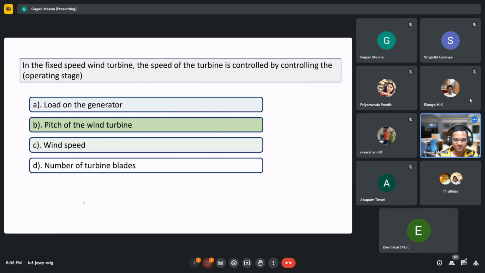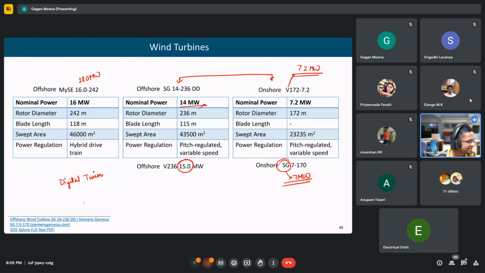Yeah, so we're done with the questions. Are there any more doubts? Suman ma'am in the chat has mentioned imbalance penalty. Yeah, that is the same thing we were talking about. Ma'am was saying that if they are not complying with their schedule, they will have to pay a penalty.